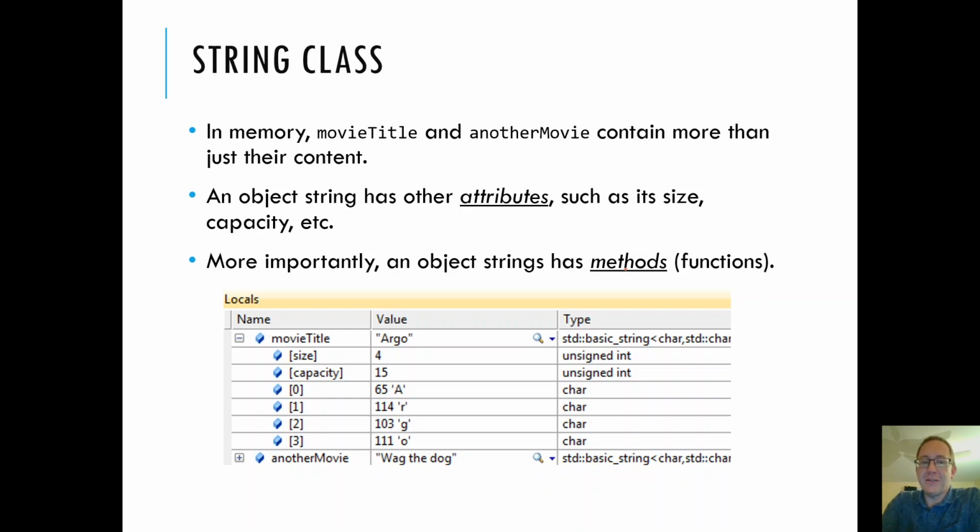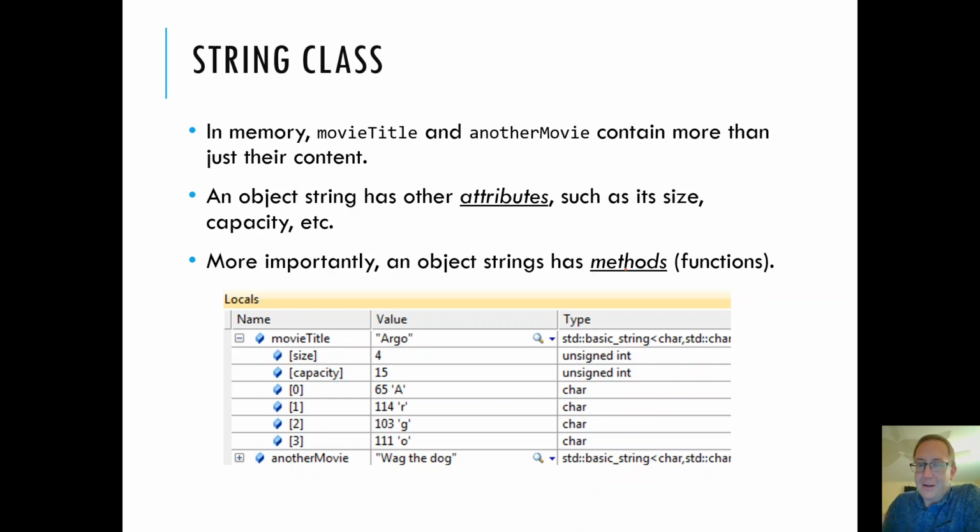And so movie title dot length will give me the length of that particular string. Instead of calling strlen, I say, hey, movie title, what is your length? The string itself knows how to evaluate things. It knows how to compare two strings. It knows how to calculate the length of its own string. That's what we're going to be doing with objects later on. We are not doing it this term in this class, so this is not on the exam.